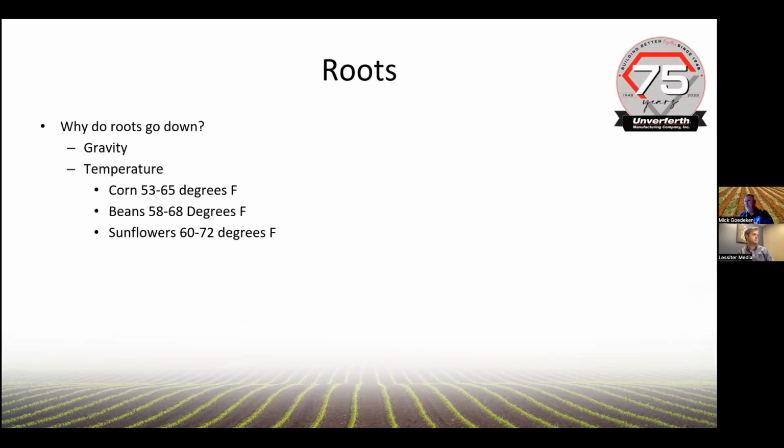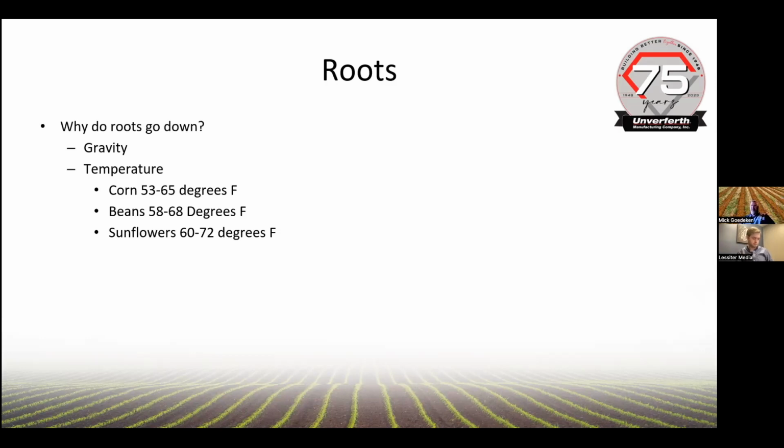Sunflower roots like 60 to 72. As it starts warming up in the growing season, the soil temperature gets warmer at the surface and starts graduating downward. Those roots are going, hey, I want to escape this. It's getting hot up here.